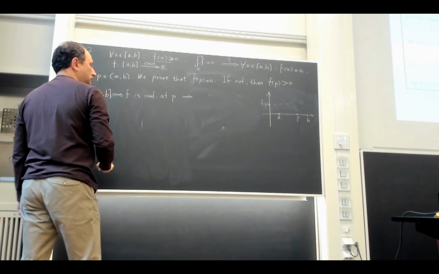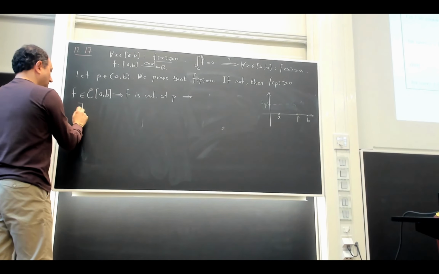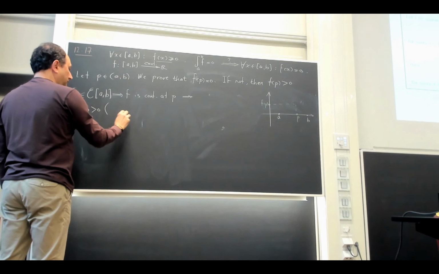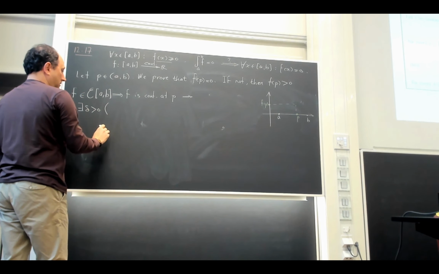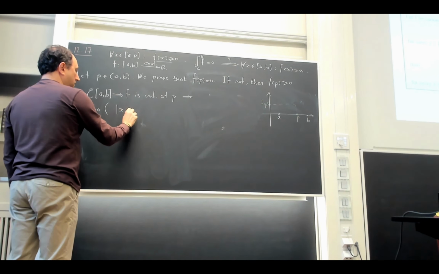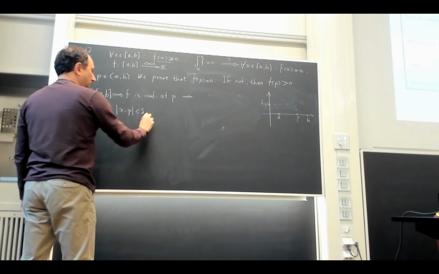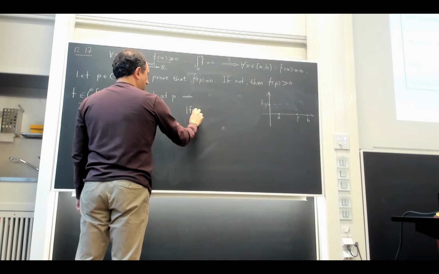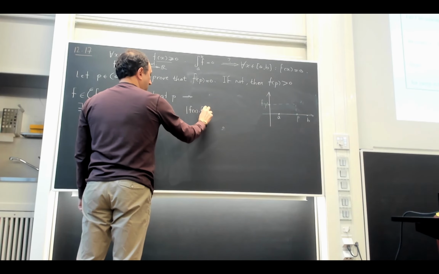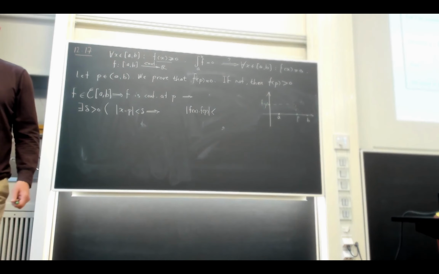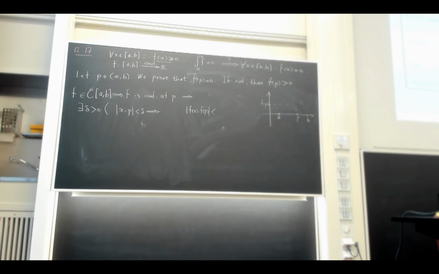I can conclude the existence of a delta such that if the absolute value of x minus p is less than delta, then the absolute value of f of x minus f of p is less than any positive epsilon that you give me.